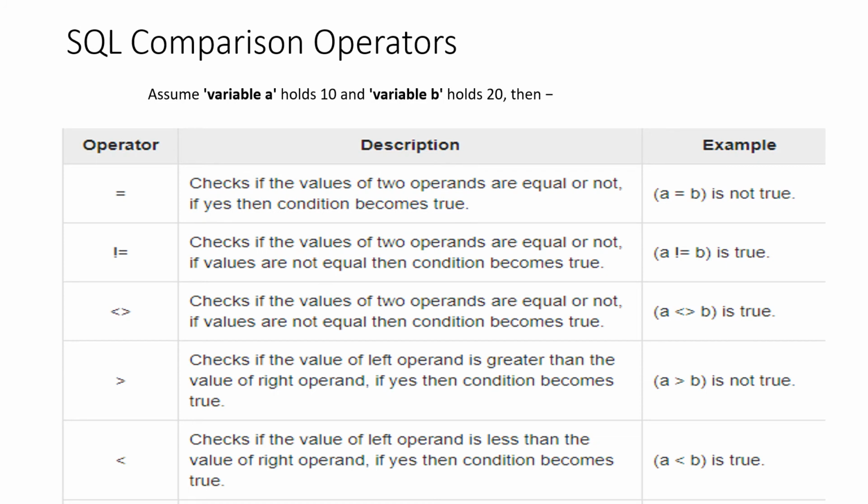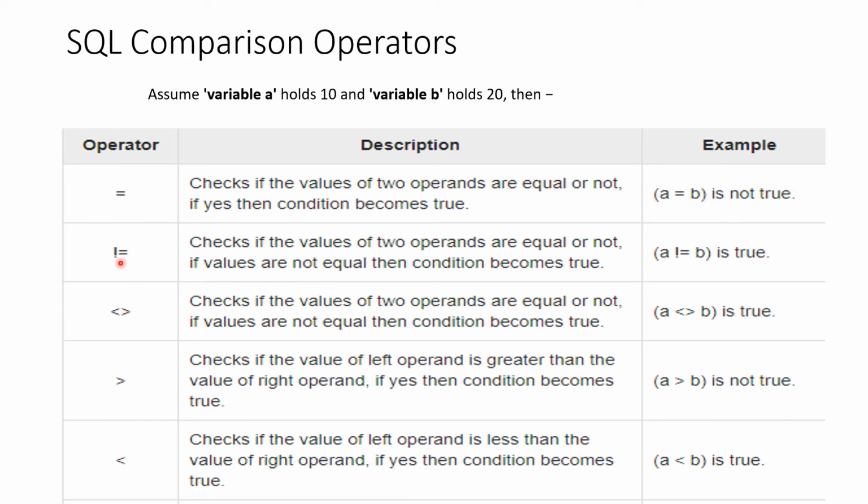Next we have SQL comparison operators. Here also we are assuming the values of variables a and b as 10 and 20. So these are comparison operators, so we are comparing. In the first case we are comparing whether a is equal to b, the answer is no, so this is not true.